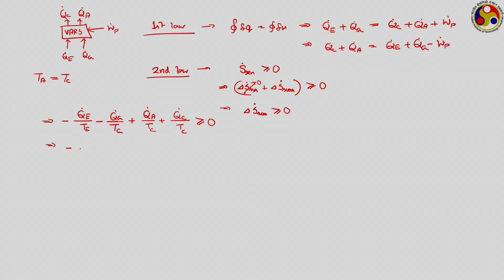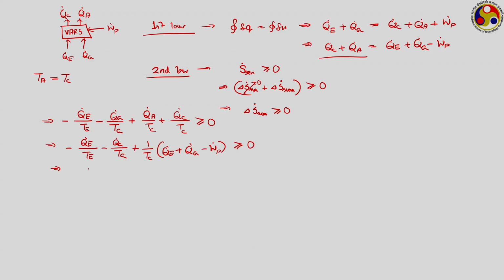Now, we combine the first law with this, Q dot E by Te minus Q dot G by Tg, and combining this first law expression from here, we can write 1 by Tc into Q dot E plus Q dot G minus W dot P to be greater or equal to 0.